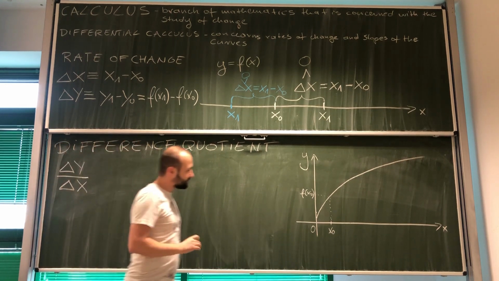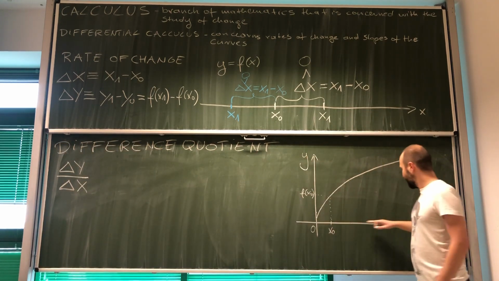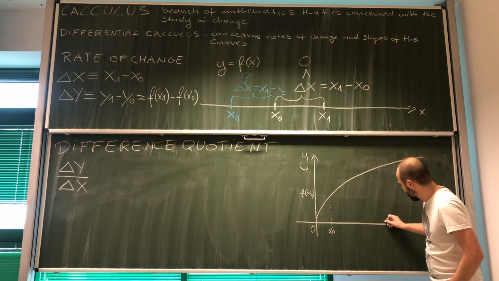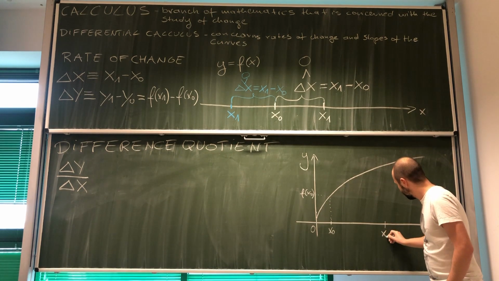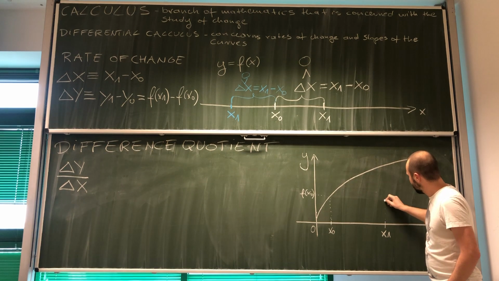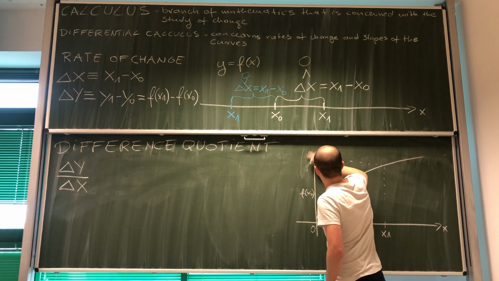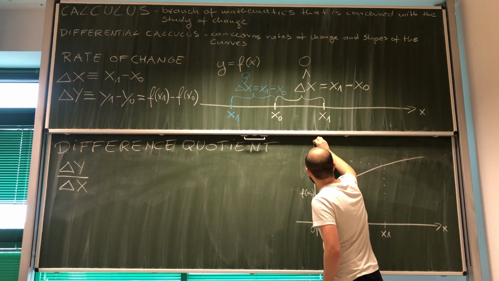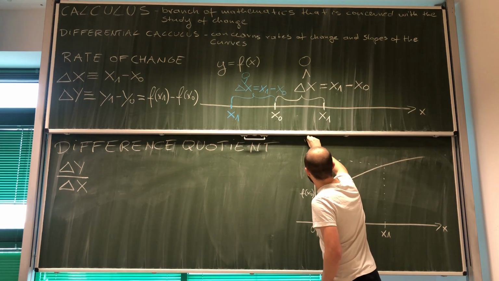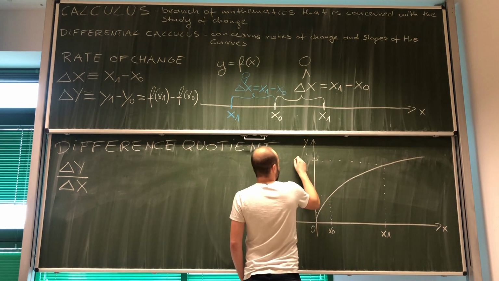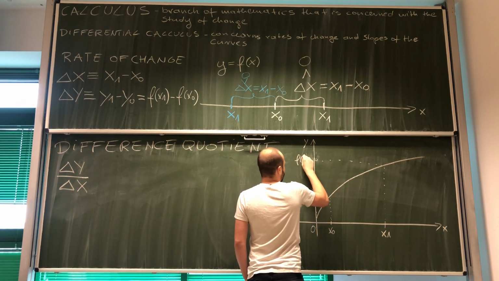Then, if x increases to some value, let's just say x1, we see that, okay, I need to extend this axis a little bit, y is equal to f of x1.